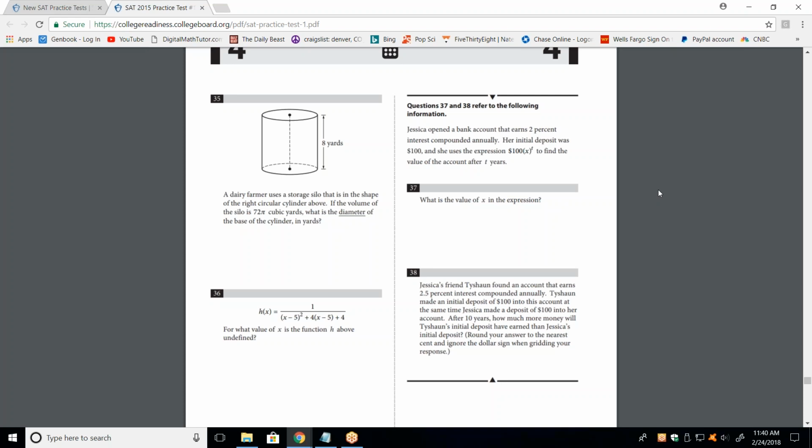Now tell me what's the first thing you have to know here on this problem. How to find diameter? No, that's what they're asking. That's the last thing you have to know. What's the first thing you have to know?